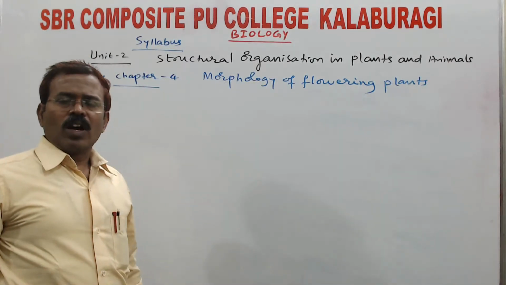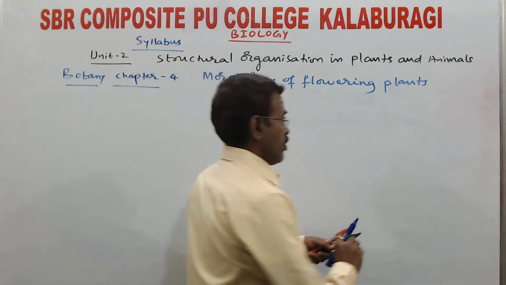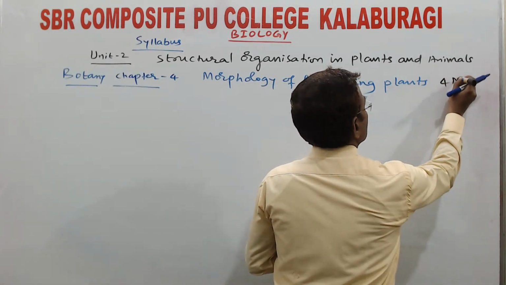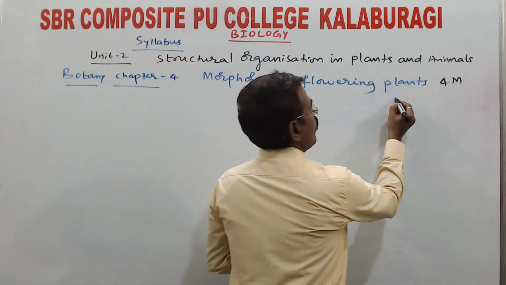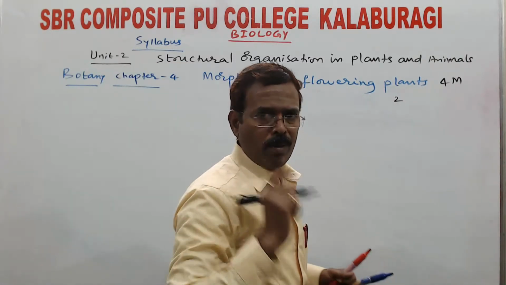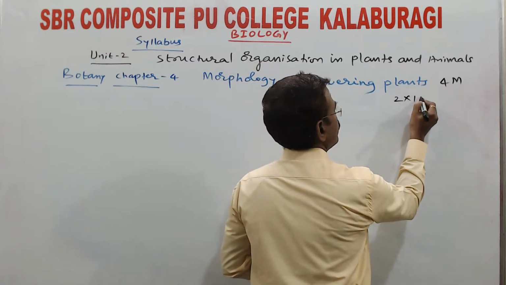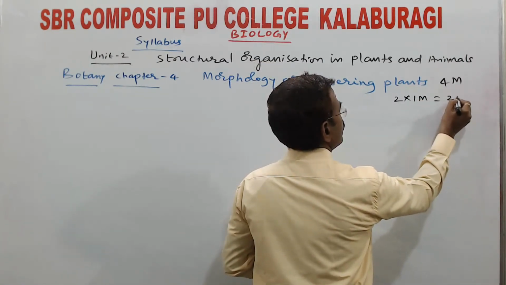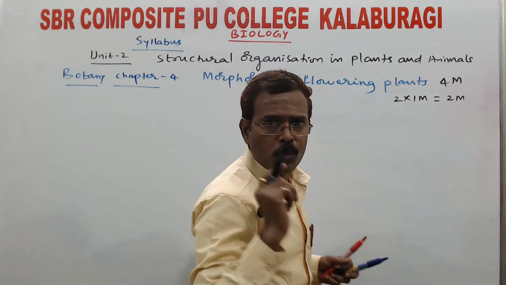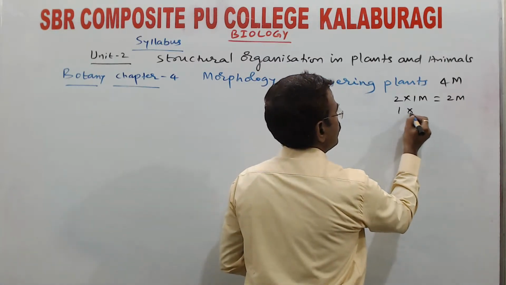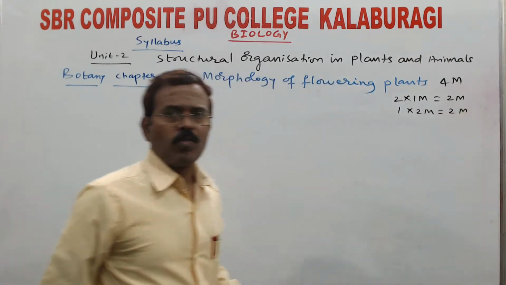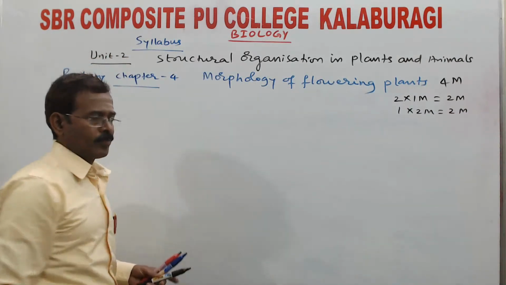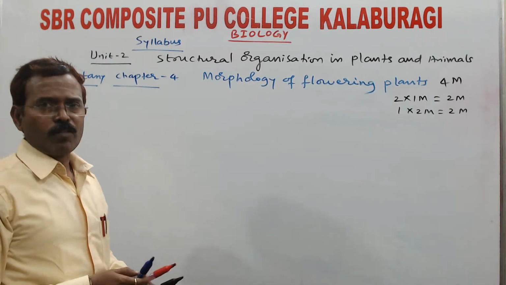From morphology of flowering plants, we get mainly 4 marks. So here, 2 1-mark questions and 1 2-mark question. Total 4 marks from this chapter, morphology of flowering plants.